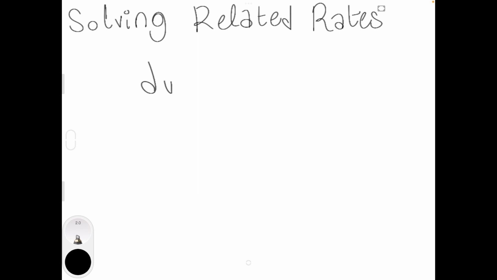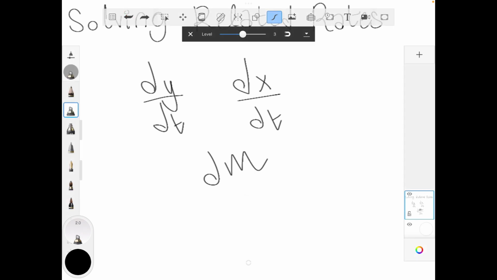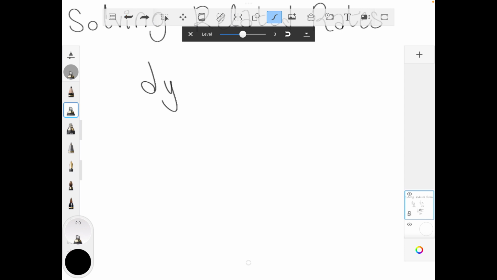So that's going to look like dy over dt, but also dx over dt, or any variable you could think of, like an m, or whatever you want to put there, over dt. Differentiating anything with respect to time.